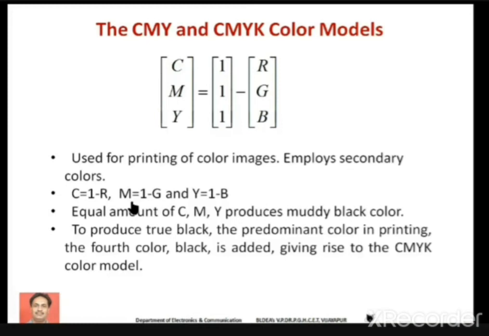But the black color produced by mixture of these three will be a muddy black. So to have perfect black color, we add the black color separately to this color model. Hence, the color model is named the CMYK color model.